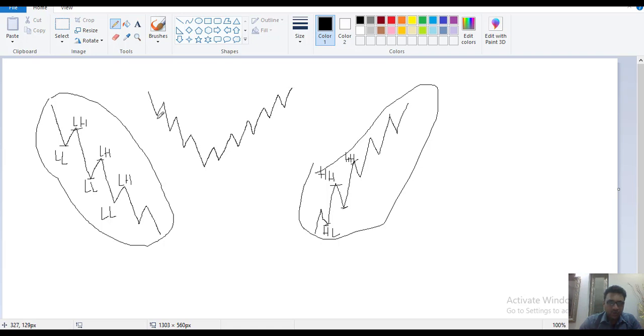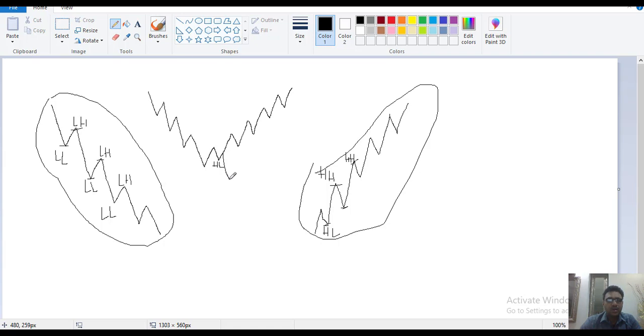So it was making new lower lows and new lower highs. So we know it was in a downtrend. Then what happened? It made a new higher low at this point, right? It didn't go below this low, so it made a higher low. And when it made a higher low, it could have come over here and then gone down from there.